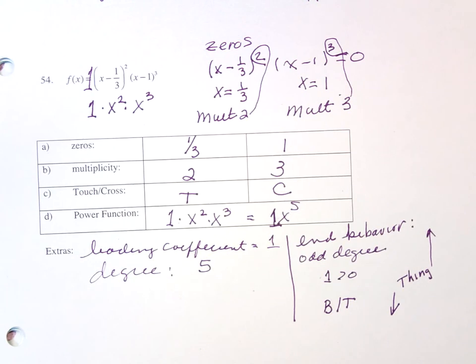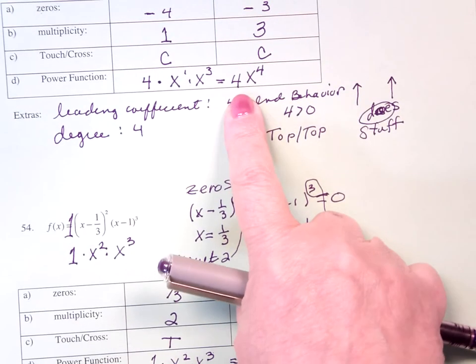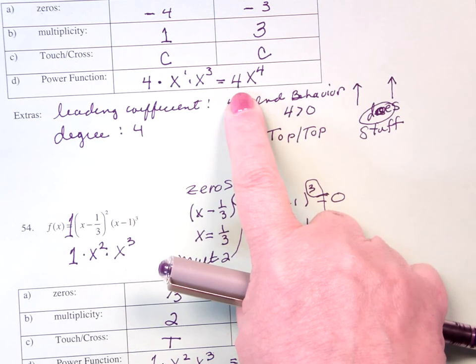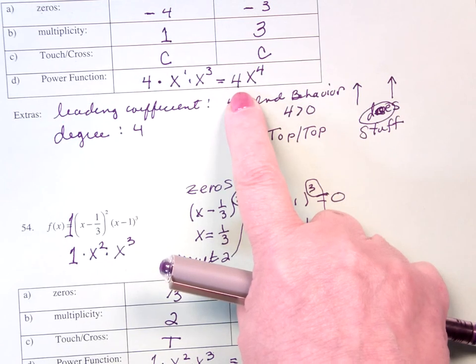Now, that's the other thing. There's no vertical stretch or shrink on this guy because the leading coefficient is 1. Leading coefficient being 4 here says I have a vertical stretch, a vertical stretch factor of 4.